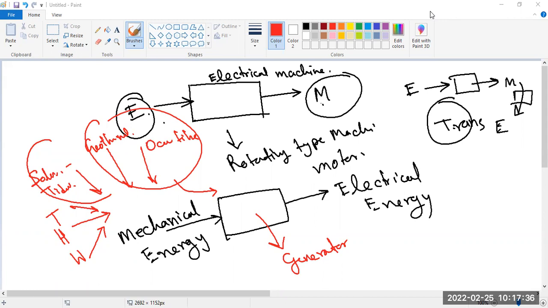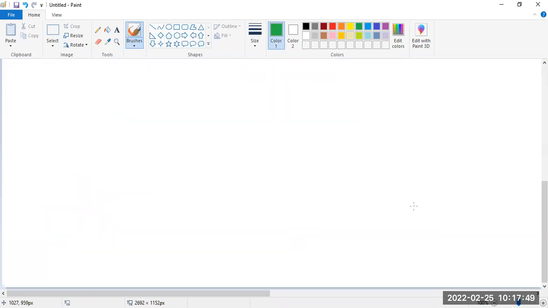So guys, look, just like this. This is all coming from two types of sources. They are all renewable energy.